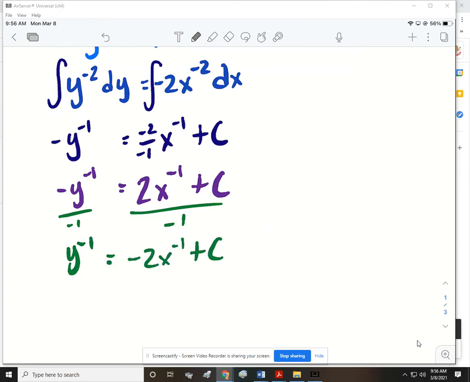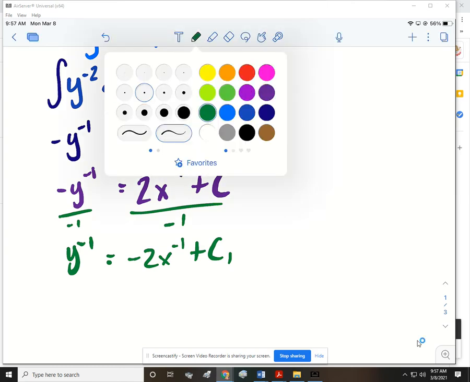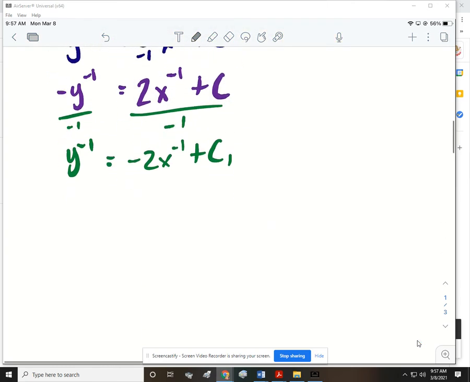Now again, I'm changing that constant, so I'm going to give it a sub 1. All right, and then y to the negative 1 is the same as 1 over y, and x to the negative 1 is 1 over x.